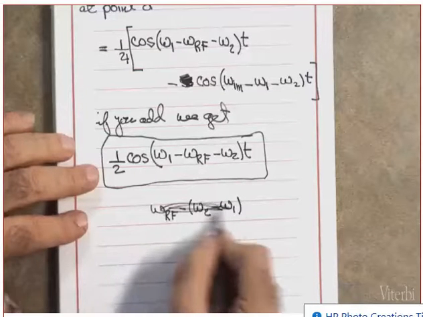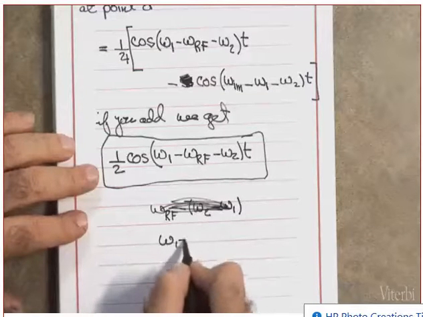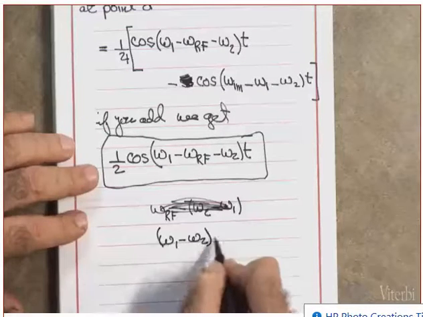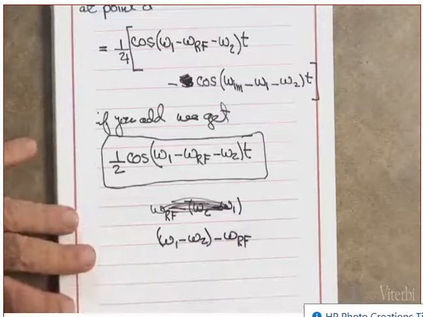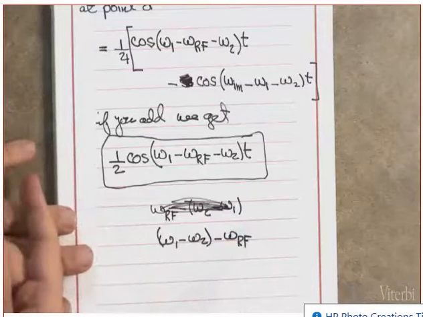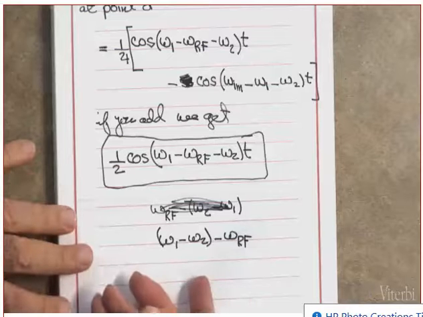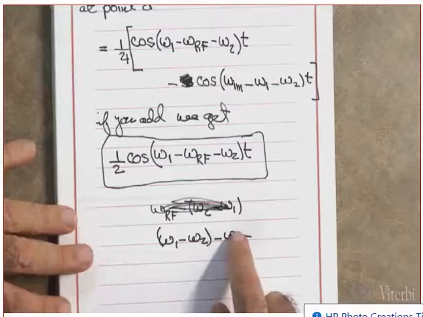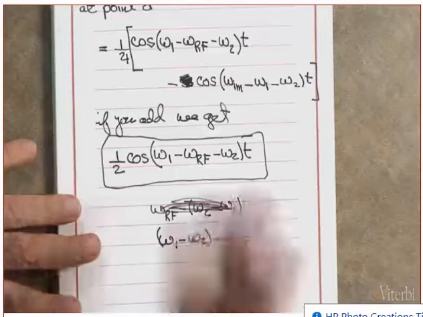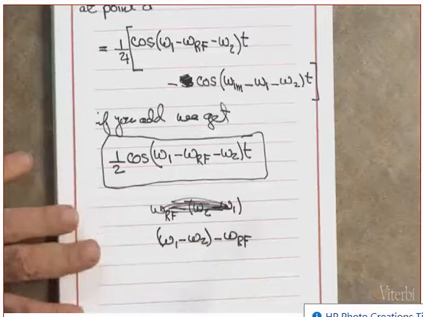Or I can write it like this. I think it's better to write it like this: omega 1 minus omega 2 minus omega RF. Clear? Which means what is the IF now? Is it omega 1 minus omega 2? I translate it from the RF all the way to omega 1 minus omega 2. Clear?